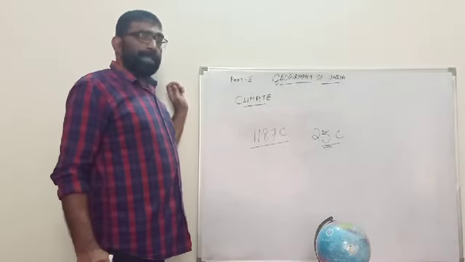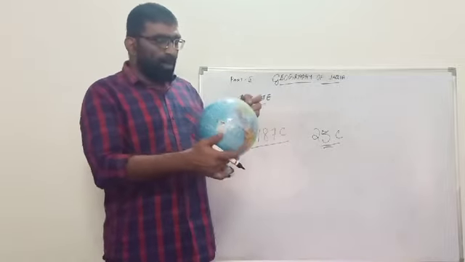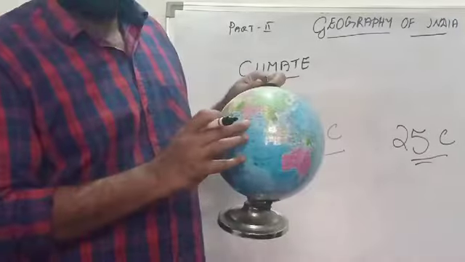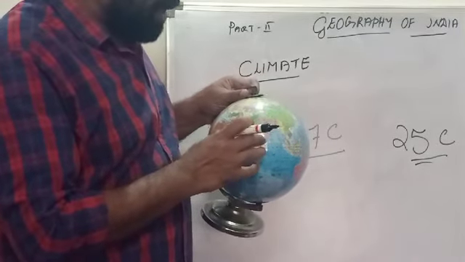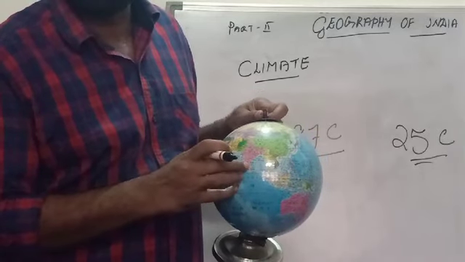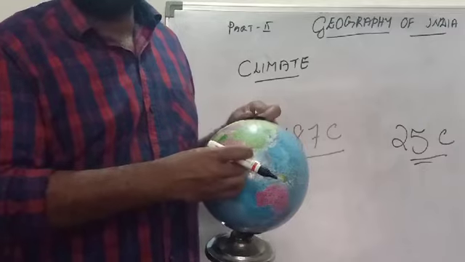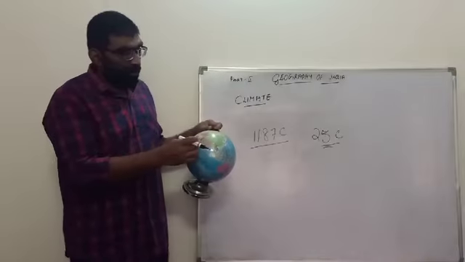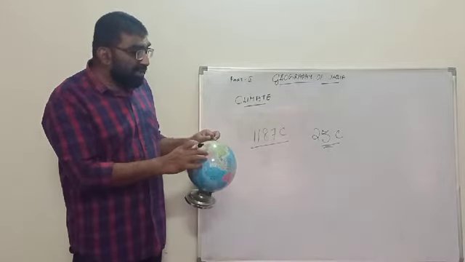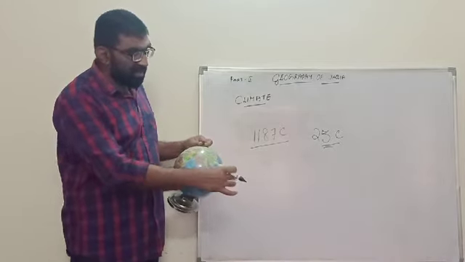Similarly, if we come to the coastal regions, there also rainfall varies. The west coast of India receives rainfall in the summer season, and the east coast of India gets rainfall in the winter season. Also the northwestern part of India gets rainfall in winter, and other parts remain dry.